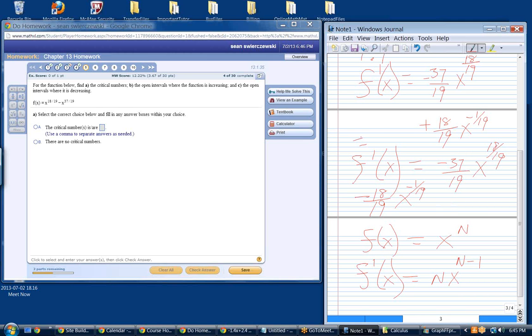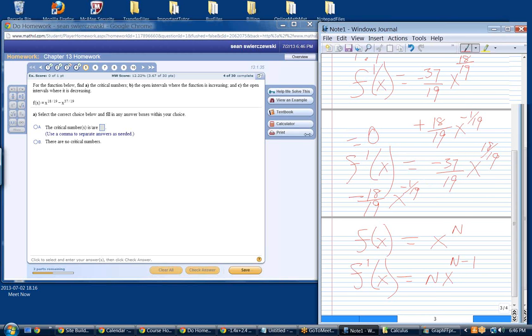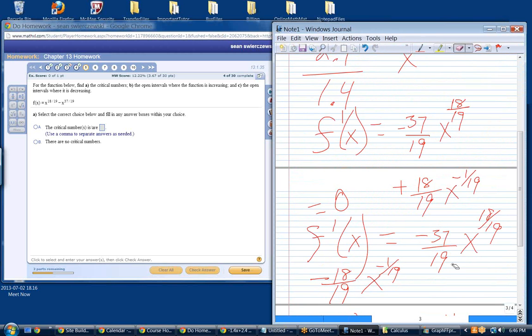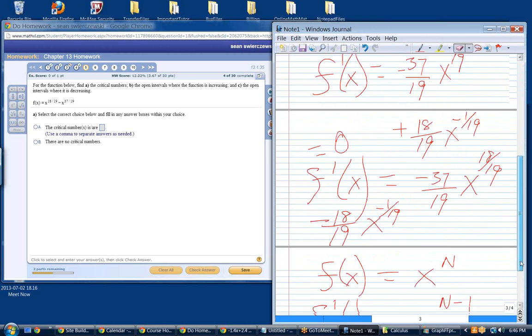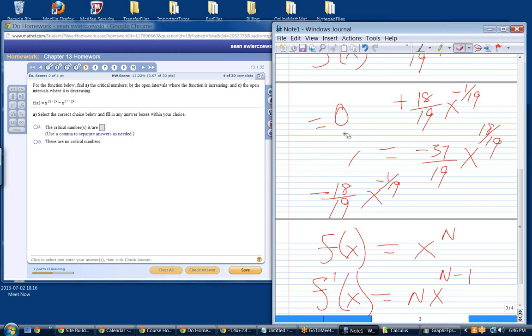In other words, when I set f prime of x equal to 0, then I get this expression equals that expression, setting that equal to 0, which is always what you do in calculus. So there's the equal sign.